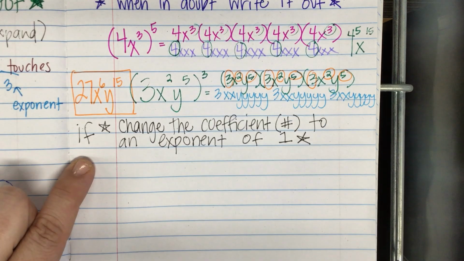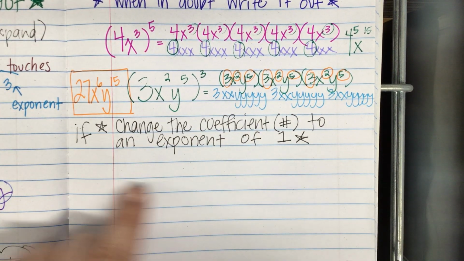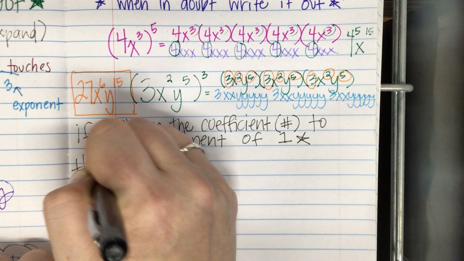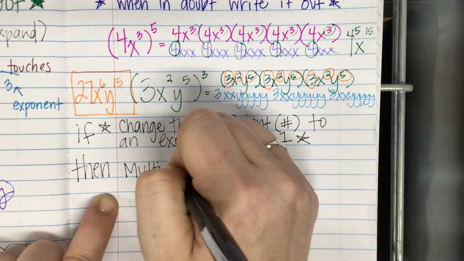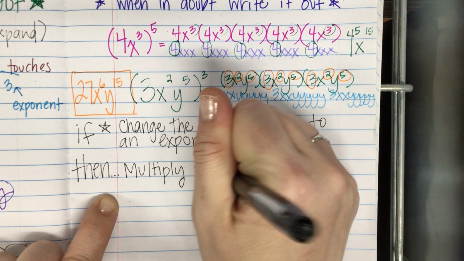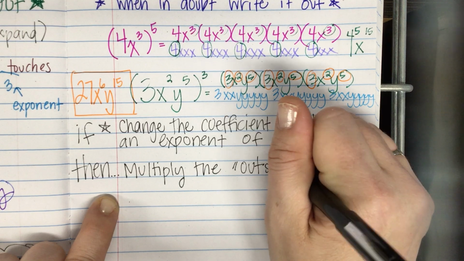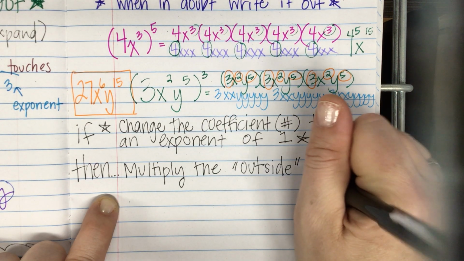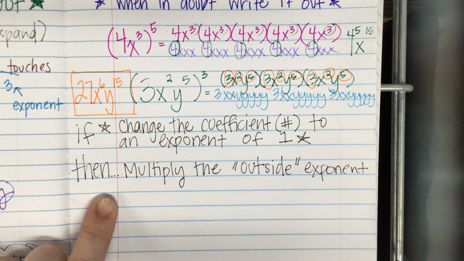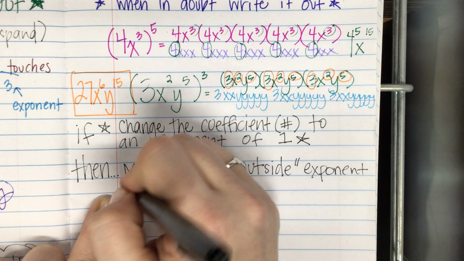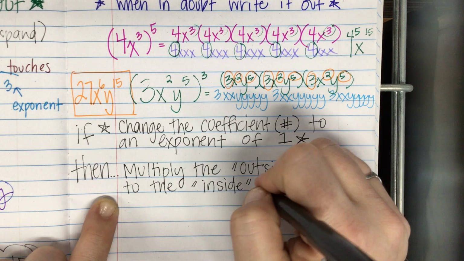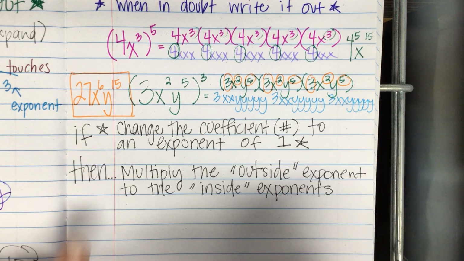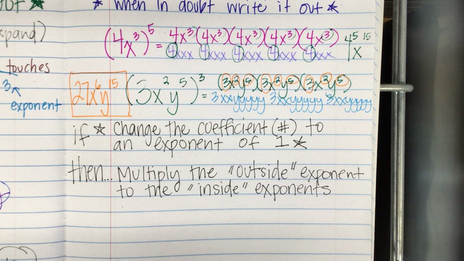Then you multiply the outside exponent to the inside exponents.